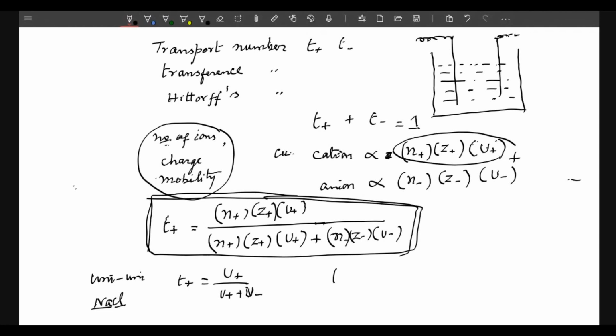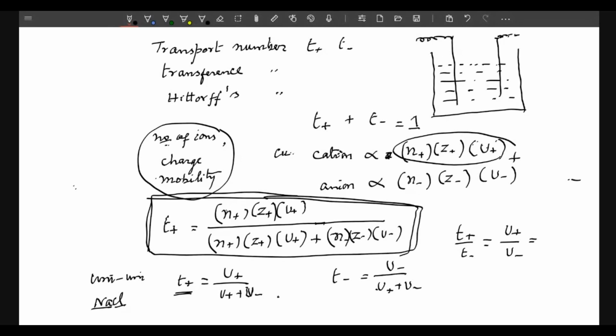And similarly for T minus, you can easily write the relationship U minus by U plus plus U minus. Therefore, if the ionic mobility is given, you can calculate the transport number and vice versa. And what would be the T plus by T minus? If you divide one by another, you will get U plus by U minus.